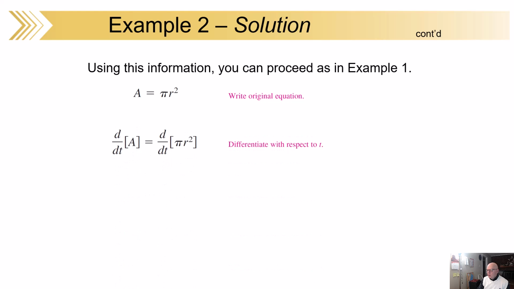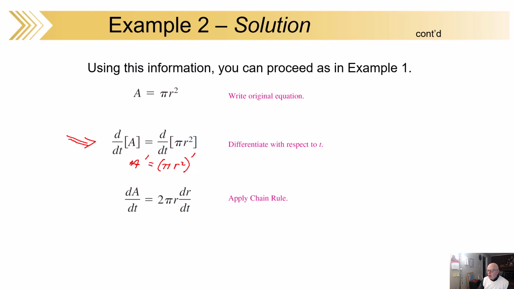Take the derivative with respect to time. You might even want to write this out. It's not a bad idea. Maybe you want to write it like this, pi r squared prime like that. That's all up to you. Whatever works for you. I would suggest perhaps writing it like this to begin with and develop your own style.